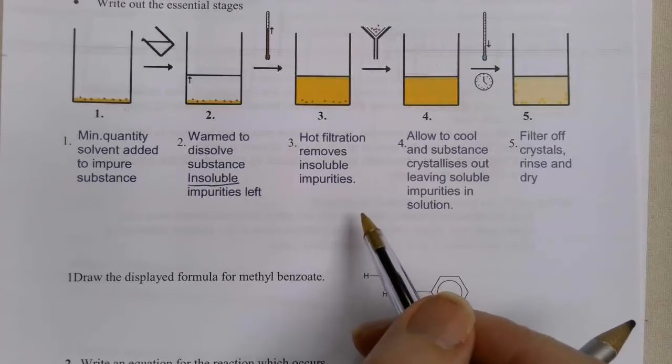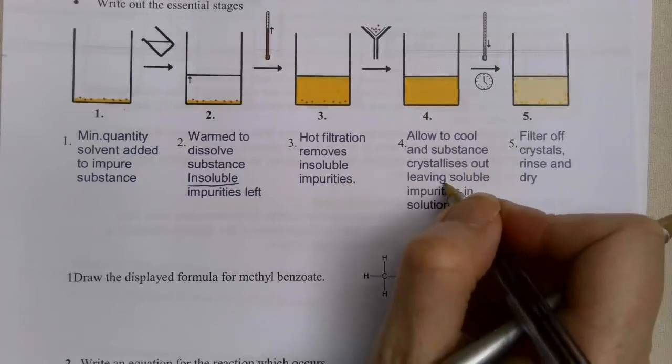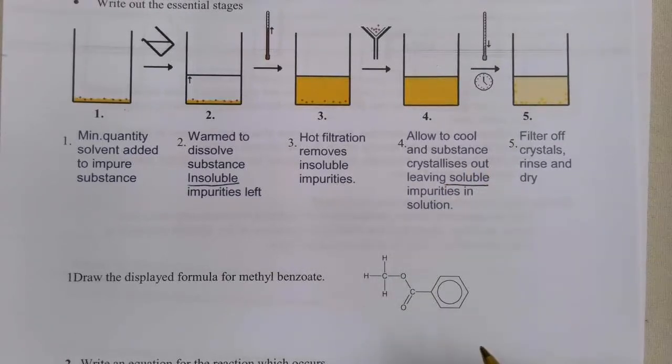Now as it cools, our pure crystals will crystallize out, and this will leave the soluble impurities back in solution. At this point we can then filter off our crystals, rinse them with a little bit of ice cold solvent, and then, very importantly, dry them so they've got no solvent left.